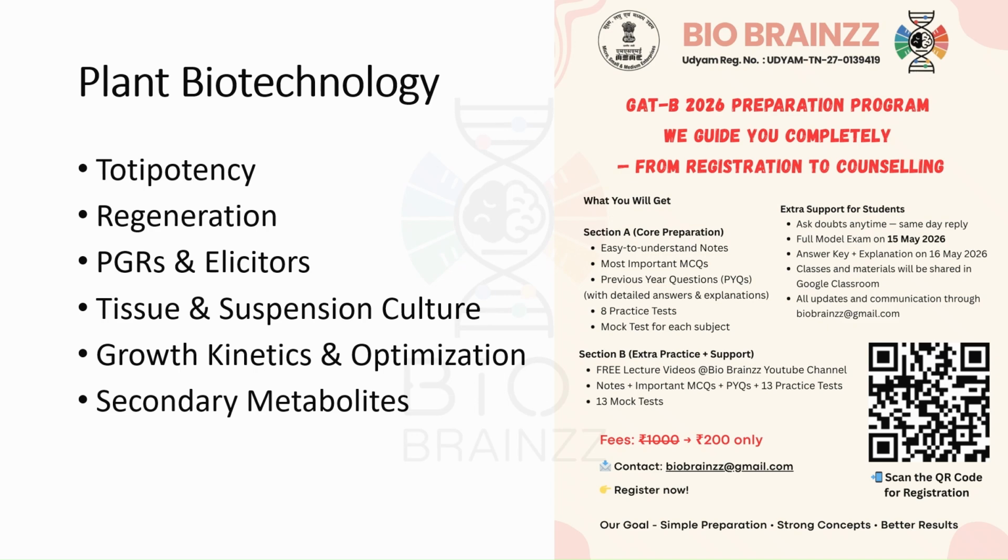While studying, try to connect these topics. For example, totipotency is the base, regeneration uses it, and tissue culture is the method. Growth kinetics and metabolic protection are advanced applications. So think of this as a flow, not separate topics.